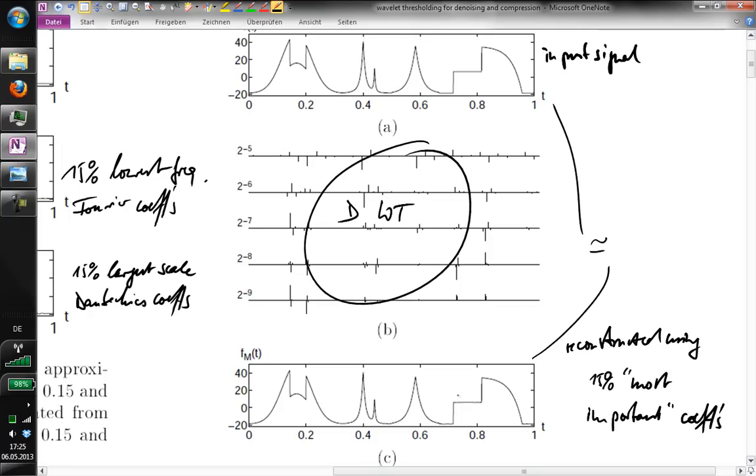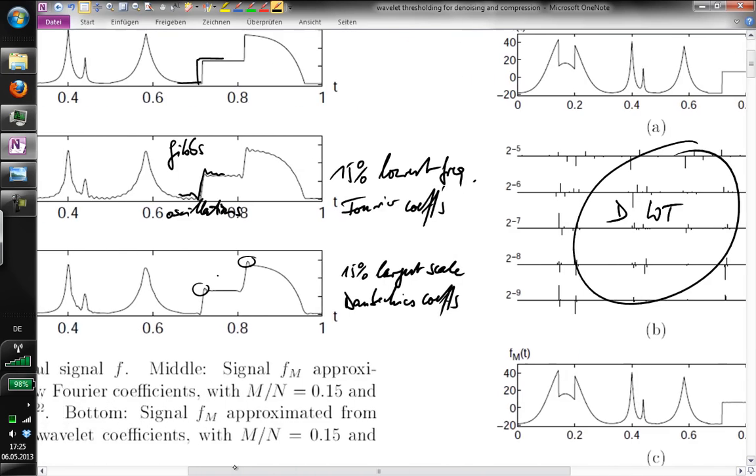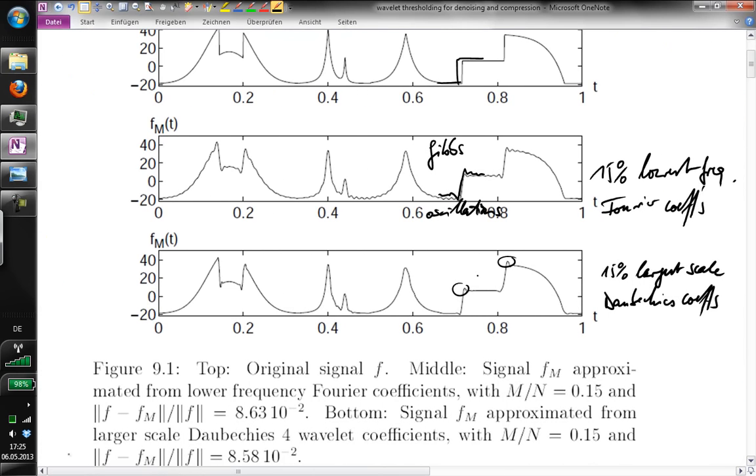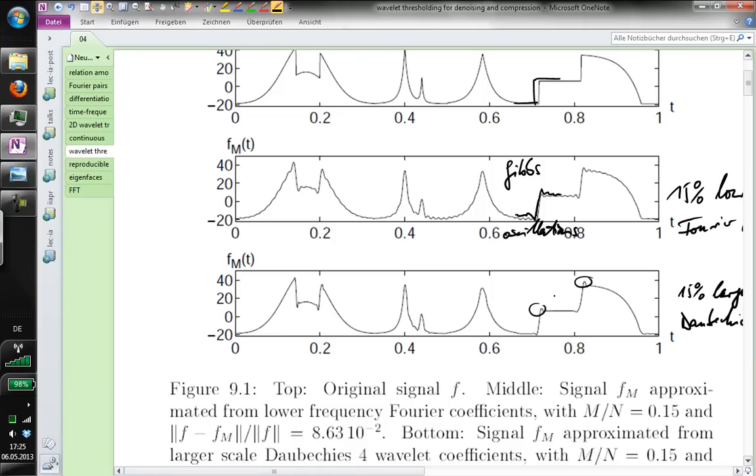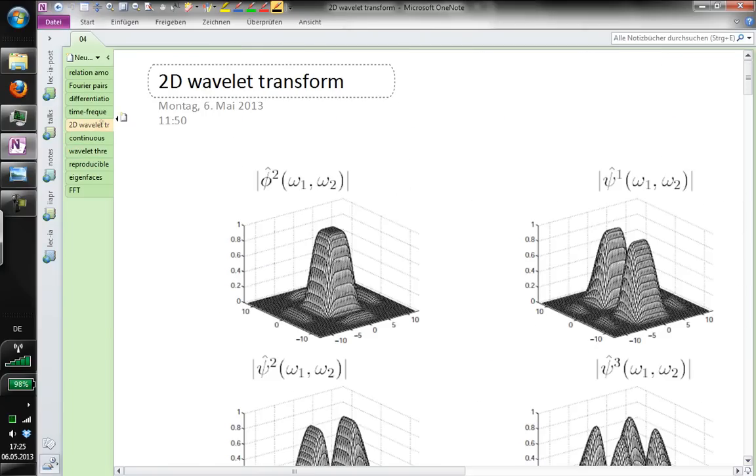If time permits, which I'm starting to doubt, then at the end of this lesson I will give you the math or the rationale behind this coefficient selection. But for now, I want to talk about the 2D wavelet transform, where the same kind of coefficient selection can be used.